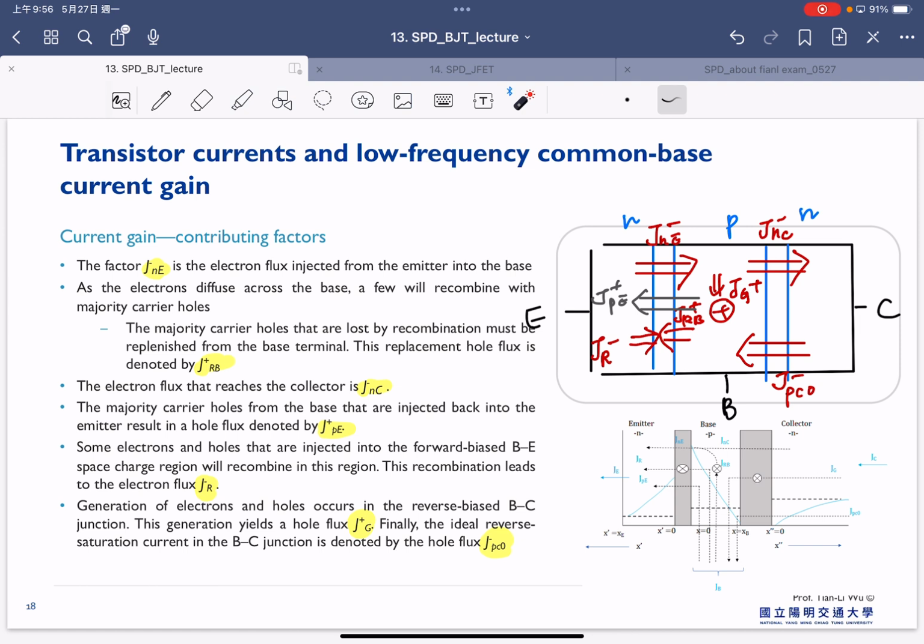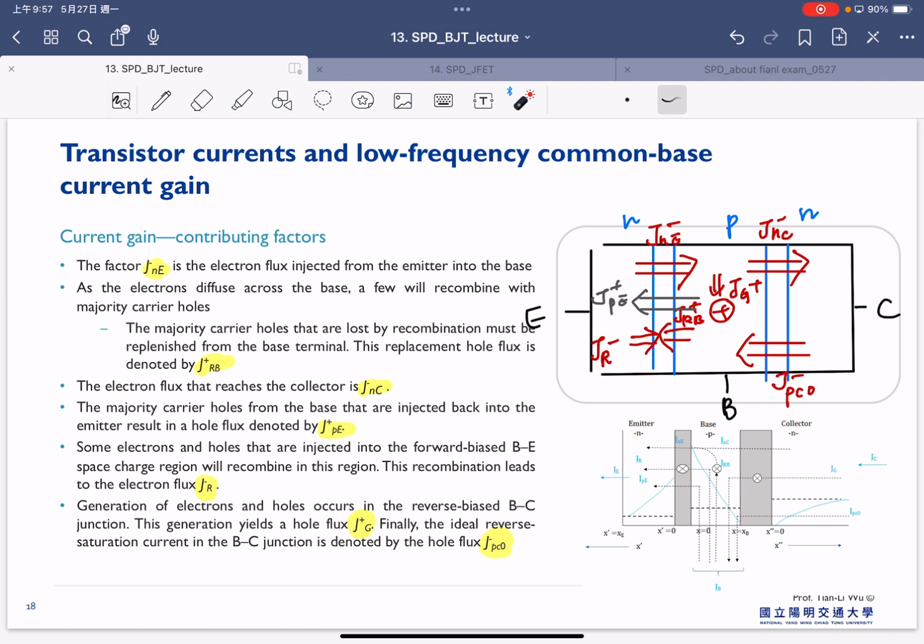And I have a feeling that every time we study the BJT, the most important thing is that you need to have patience. You really need to calm down, take your time, read the text and think about this, because it's difficult to understand in the beginning.